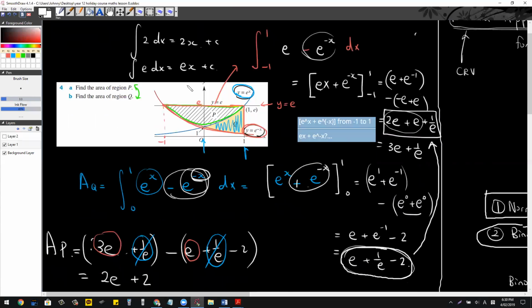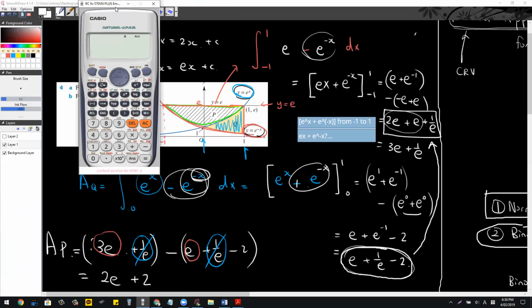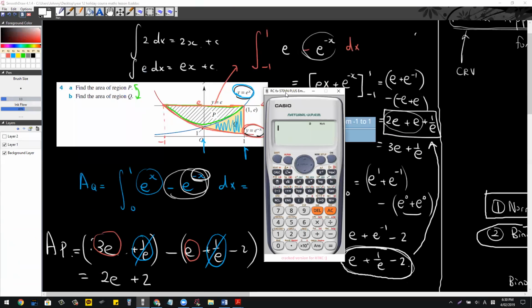Well, I can double check with this calculator. So this is taking a lot of time at the moment. Okay, so the area, the integral of e minus e to the negative x from negative 1 to 1.